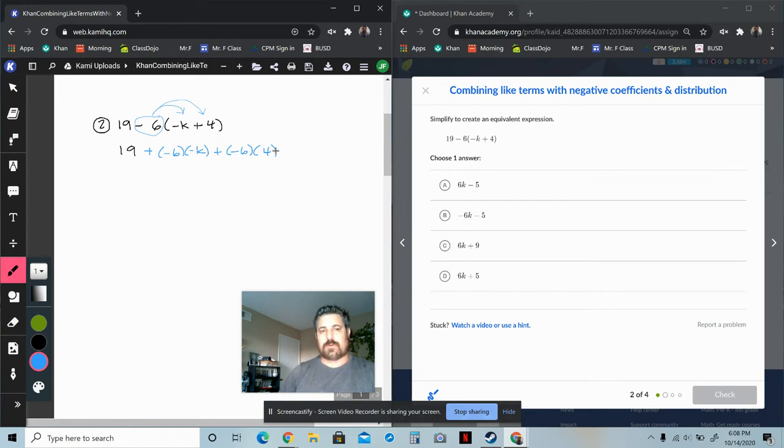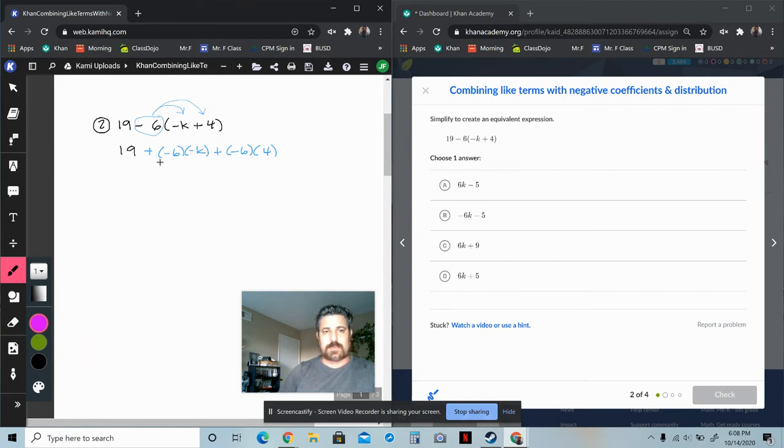Okay, so let's do our little math here. We got to do order of operations, right? We got our 3 separate terms here. 19 is a term, negative 6 times negative k is a term, and negative 6 times 4 is a term, separated by these addition signs. Very good. So we can find out the values of each of these things.